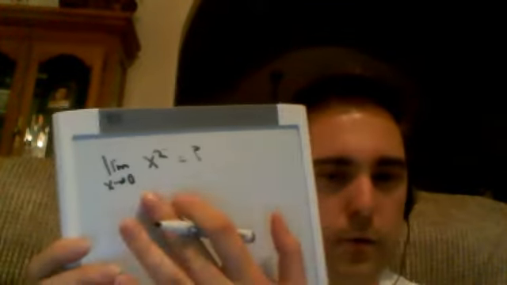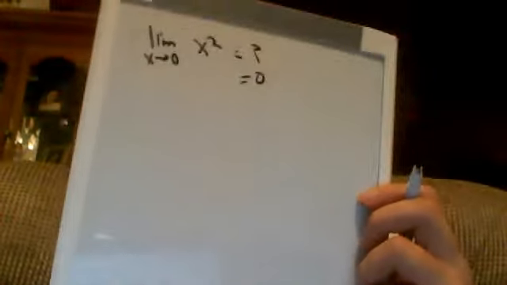Since it's a polynomial, like x cubed, x squared, x to the 4th, x to the 5th minus 3x squared, anything like that, all we have to do is just plug in the value of the limit and we'll get the limit. So for the limit of x squared, we can just plug in 0 here, so we get that it's equal to 0 because 0 squared is equal to 0. So that's a little shortcut that you can use if you ever get into that situation.